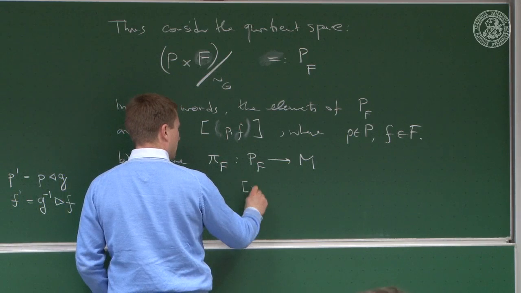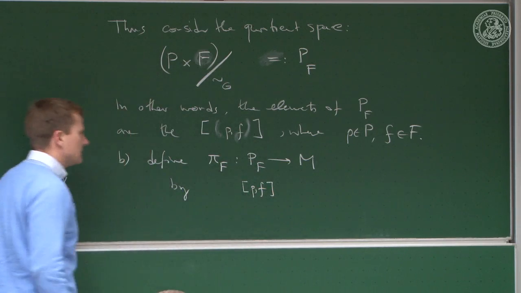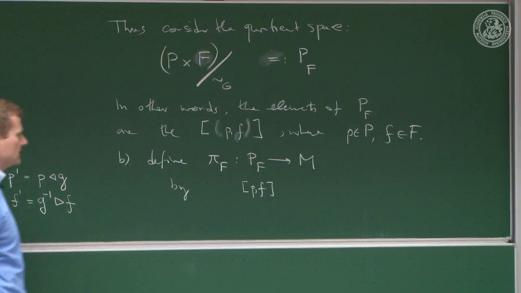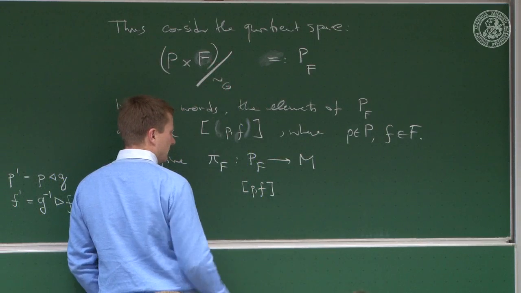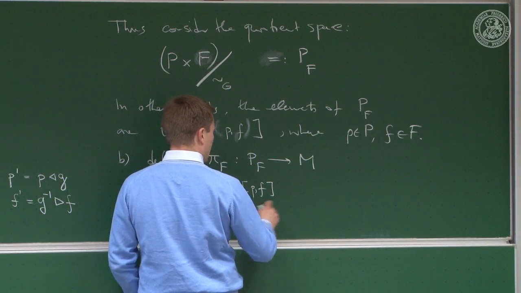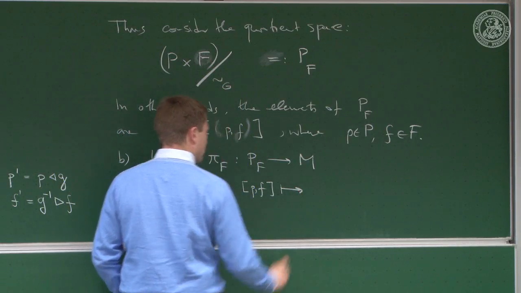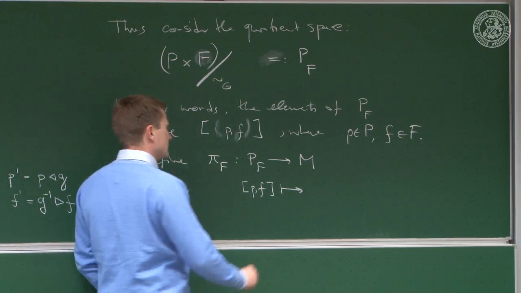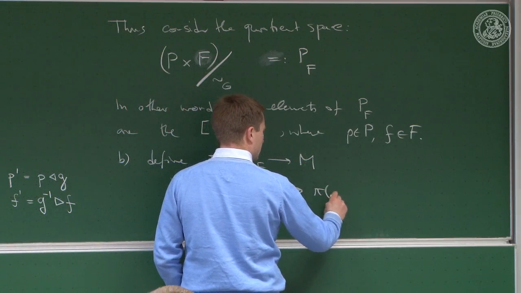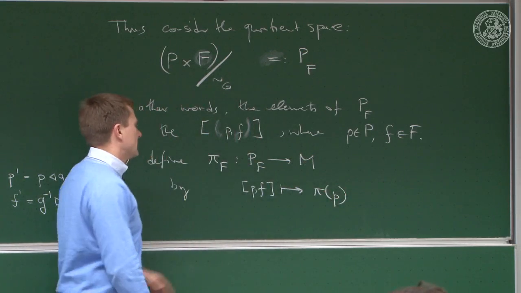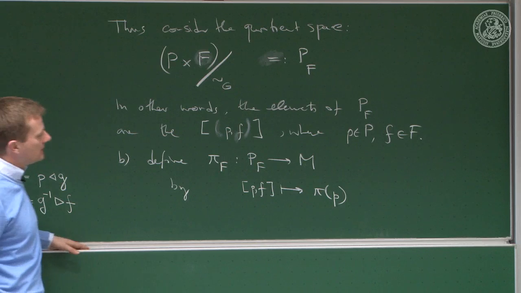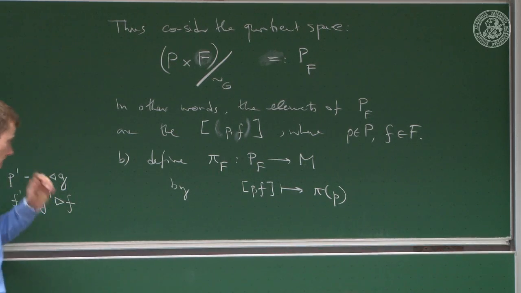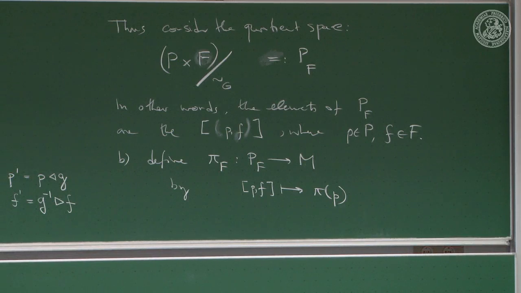So we take an element of this associated bundle, which we understand as an equivalence class of a pair of elements from the principal bundle and the fiber, this being the identification under G, and we send this, by this map pi F, to the point in M that we get by pi of P. But now pi here, not pi F, but pi, is the projection we are handed from the principal bundle.